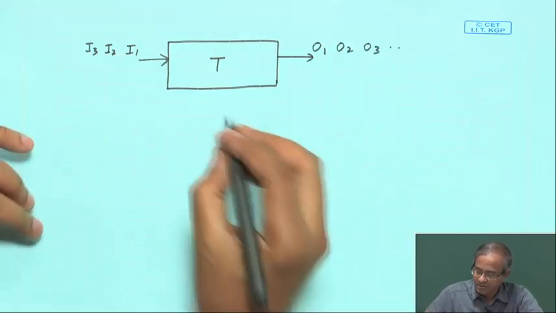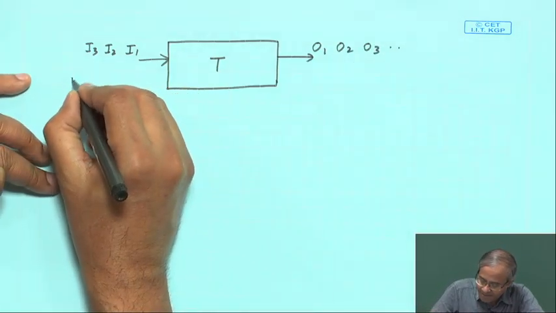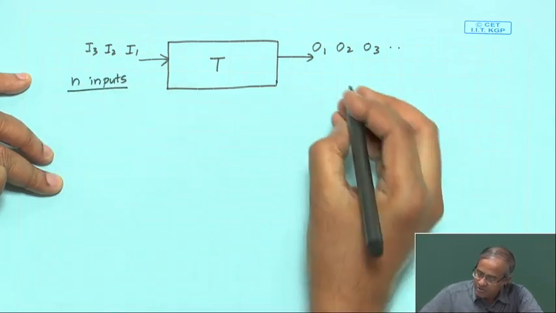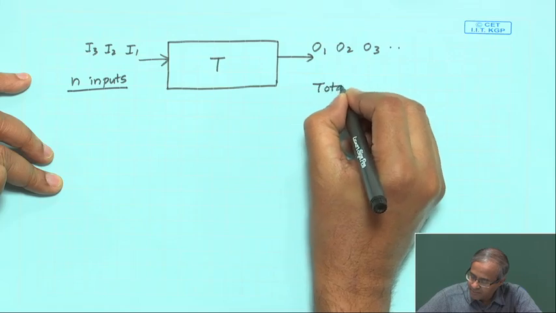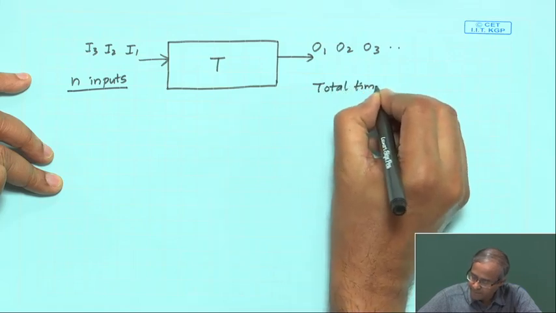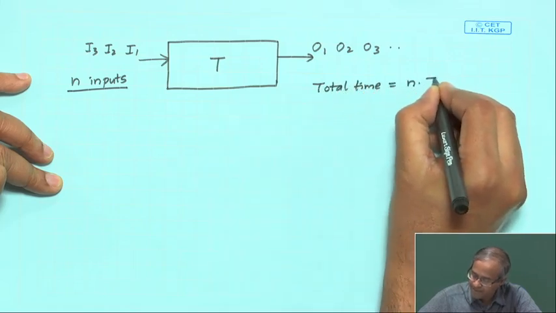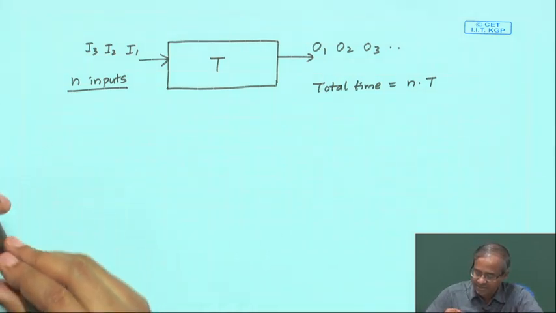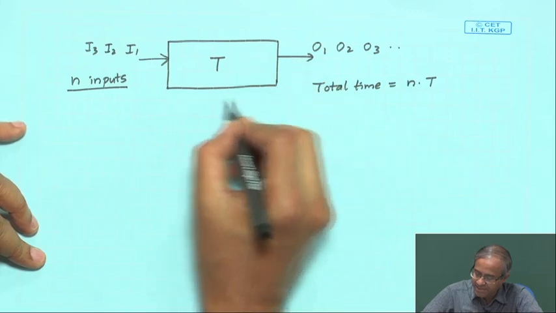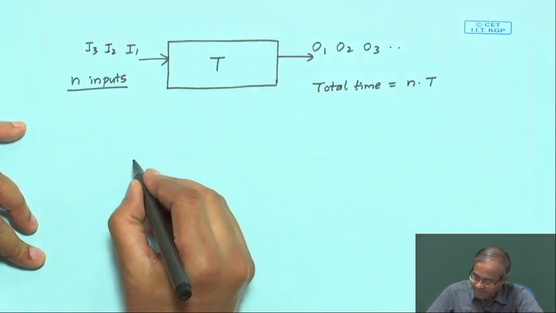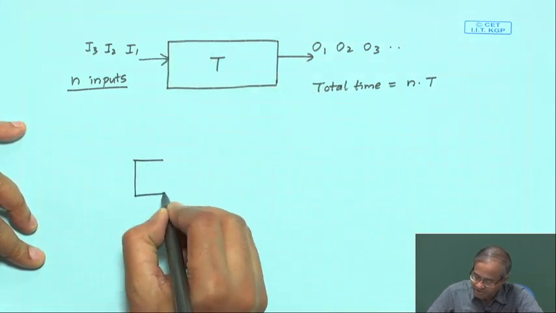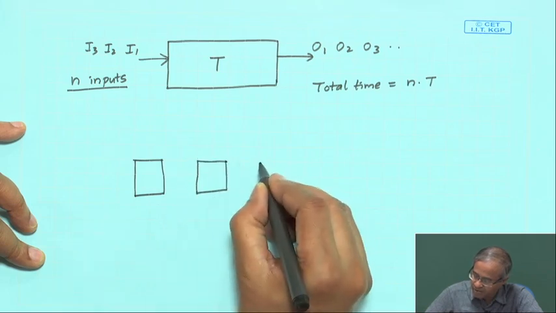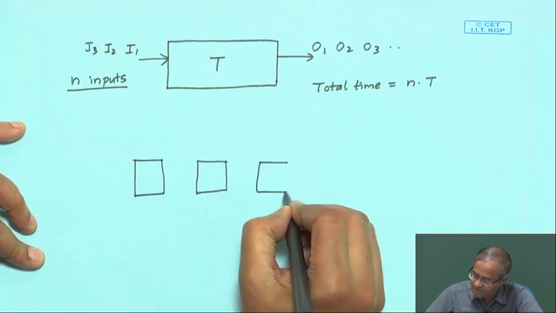So, if there are n inputs, the total time will be n multiplied by t. Now, the concept of pipelining says that I am splitting this computation t into several parts. For the timing, let us assume that they are all of equal size, meaning they take equal times.